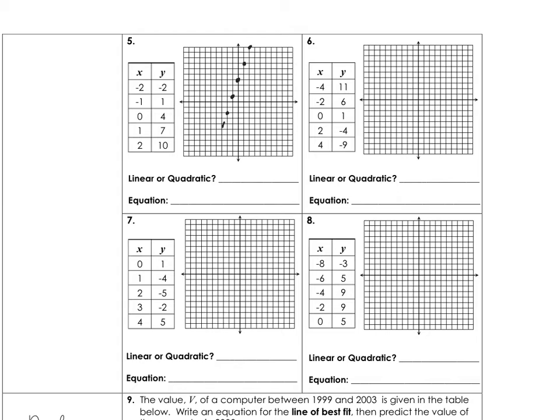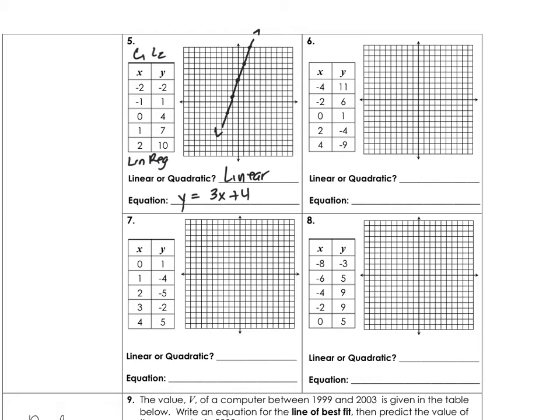All right, connect the dots. And this clearly is linear. Okay, so this is your L1, this is your L2. Put those in and then run your linear regression. And if you ran your linear regression with these points, you should get y equals 3x plus 4. All right, next example.